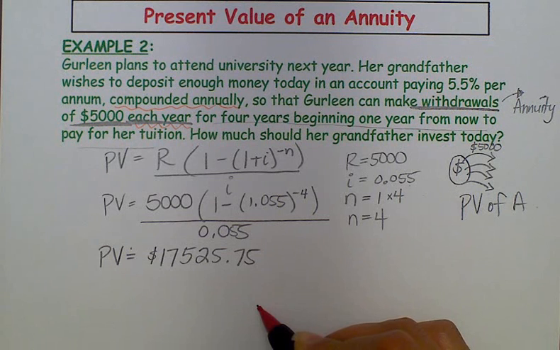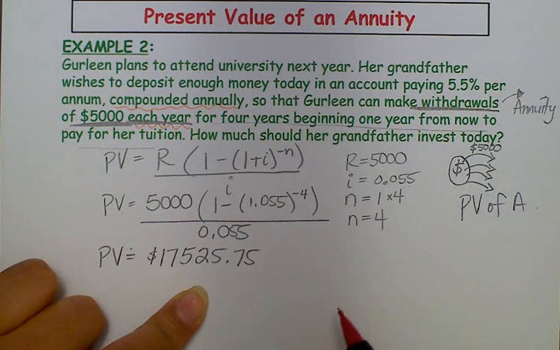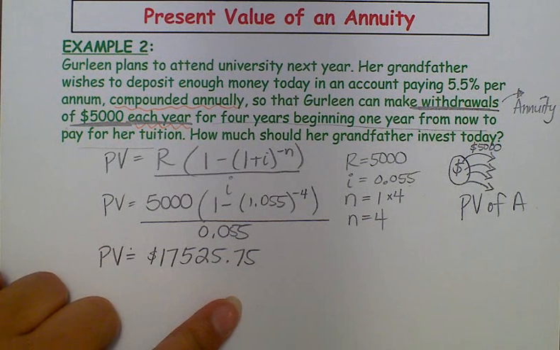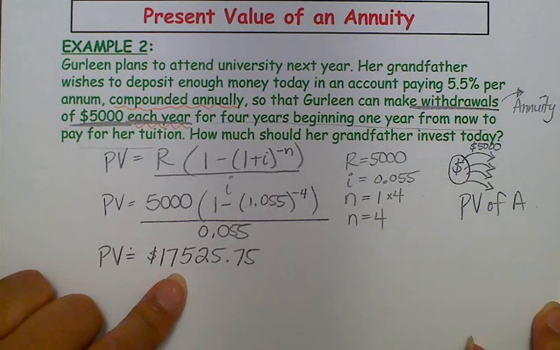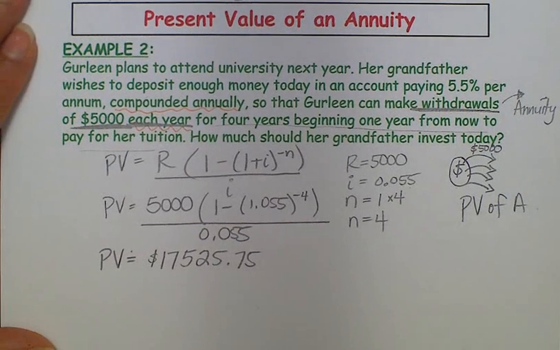Because what happens is, this is how much money he's putting in now. It's going to earn some interest in a year, and then she's going to take out $5,000. Then it's going to earn some more interest on whatever remains. Then she's going to take out another $5,000. Then it's going to earn some more interest, then she's going to take out $5,000, and then by the end of the 4th year, she'll be able to take out another $5,000. So this is the total amount, or the present value of the annuity, that the grandfather should invest today.